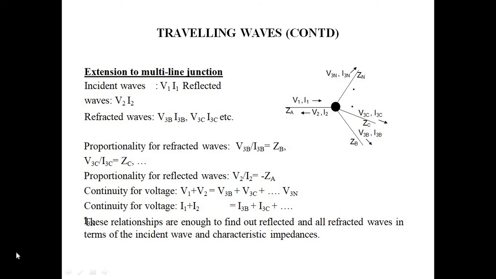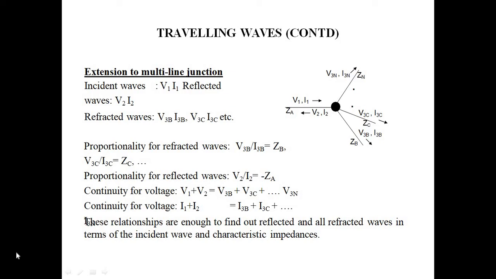The next, extension to a multi-line junction. Incident waves V1 and I1, reflected waves V2 I2, refracted waves V3B I3B, V3C I3C, etc. Proportionality for refracted waves: V3B divided by I3B is equal to ZB, then V3C divided by I3C is equal to ZC. Proportionality for reflected wave: V2 divided by I2 is equal to minus ZA.